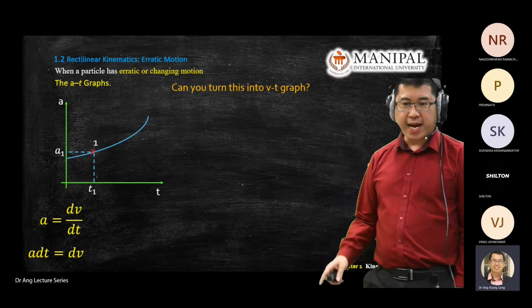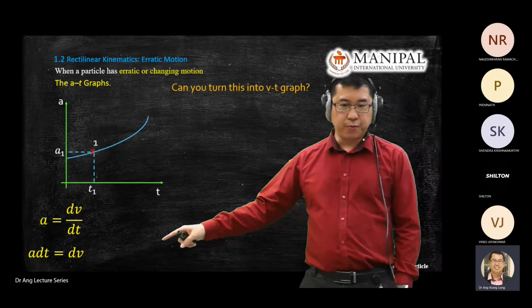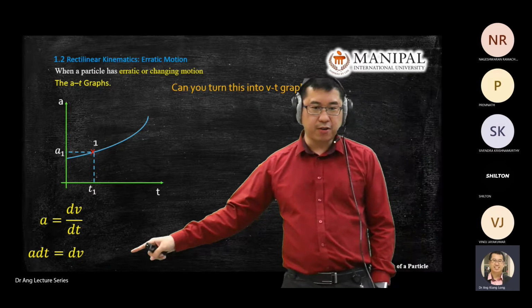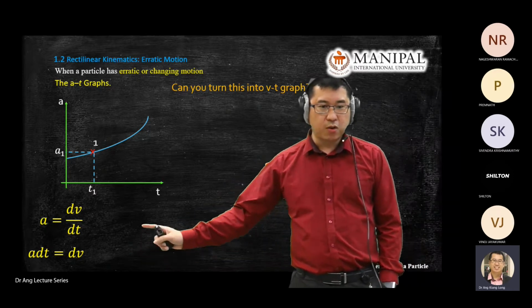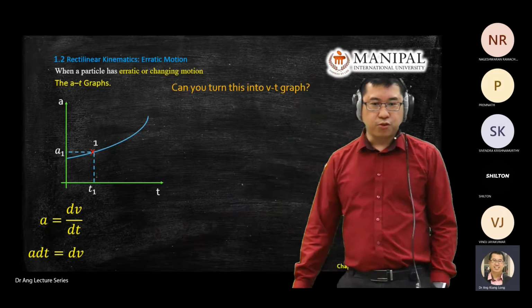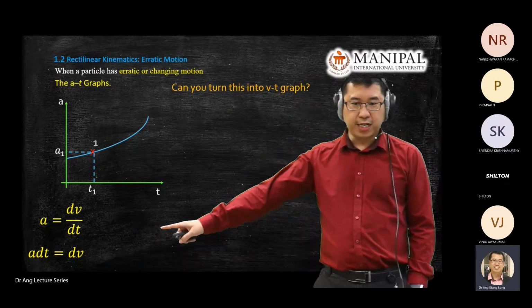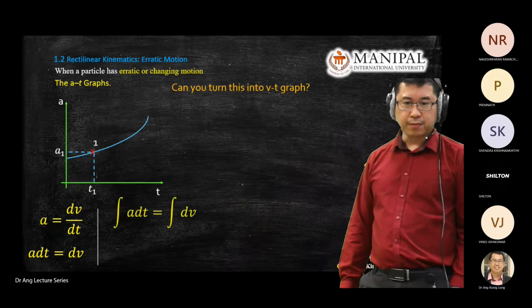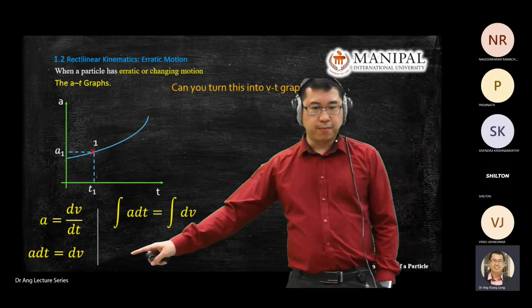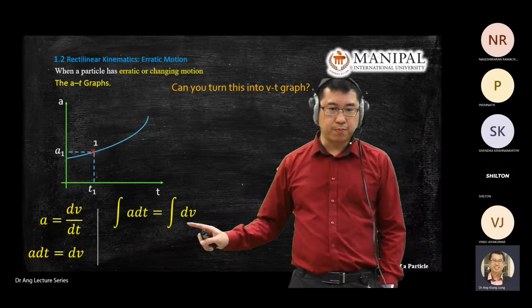We always add integration when we have this kind of equation. When you write it linearly, you have dt and dV, one on each side. Straight away, you know that the next process is to do integration.